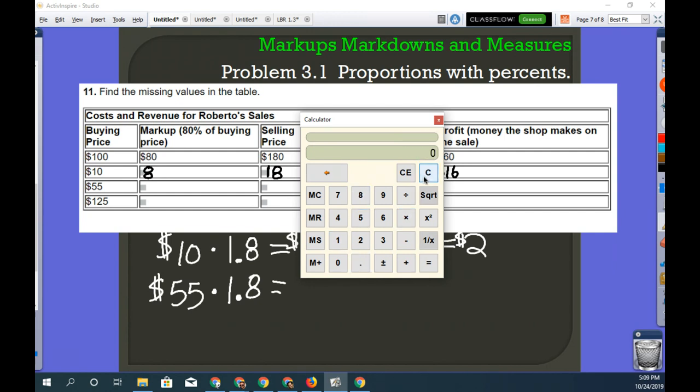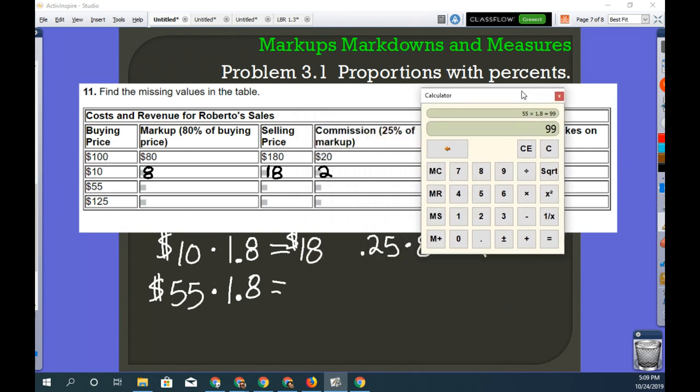Oh, that's not great. 55 times, goodness, clear everything, 55 times 1.8, excellent, 99. So I know my new price is $99.